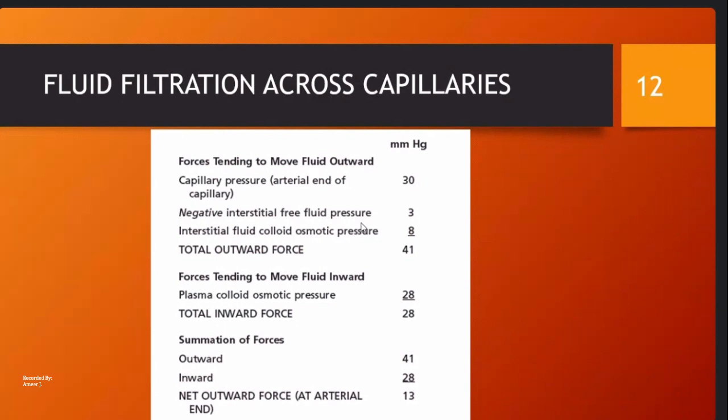If we measure the balance between these two forces, we have 41 outward and 28 inward. Therefore, there is a net pressure for filtration of about 13. It means that at the arterial end, a large amount of filtration is taking place.